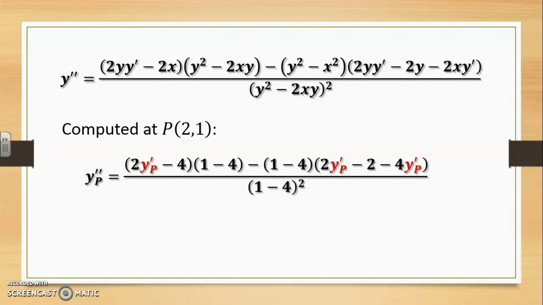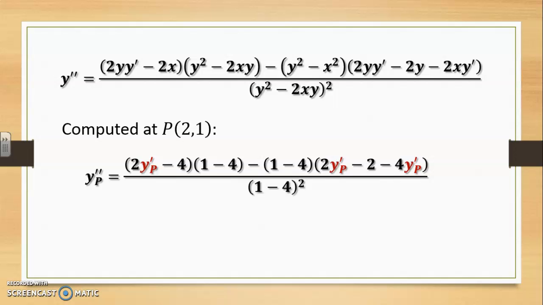So we're going to replace every single x we see by a 2, every single y by a 1, and every y prime by the value that y prime takes at point P. Luckily, that's why we calculated it in the first place, and we found its value was 1. So we're reusing the slope already calculated at point P.